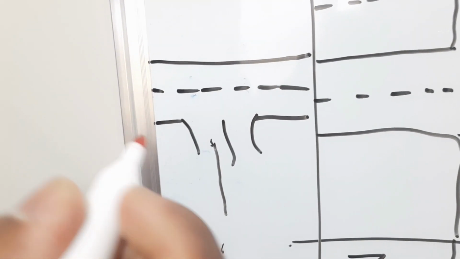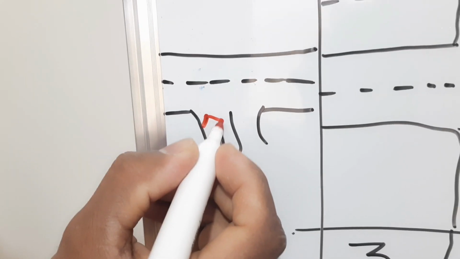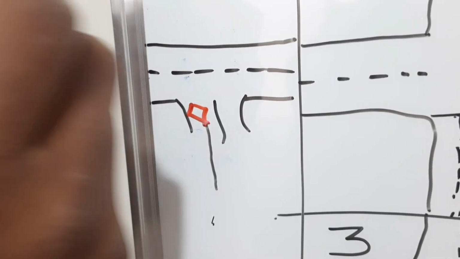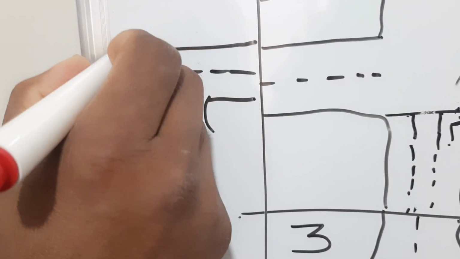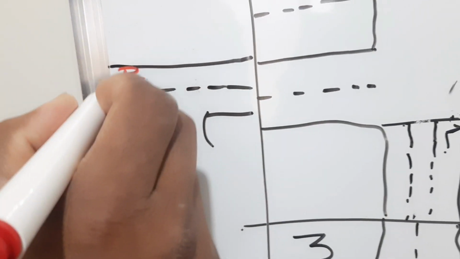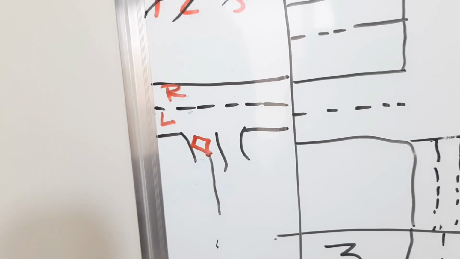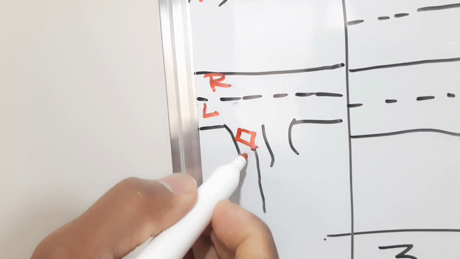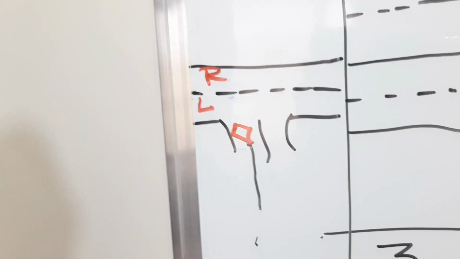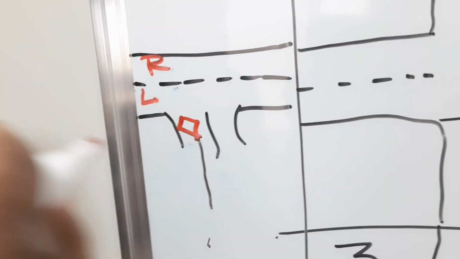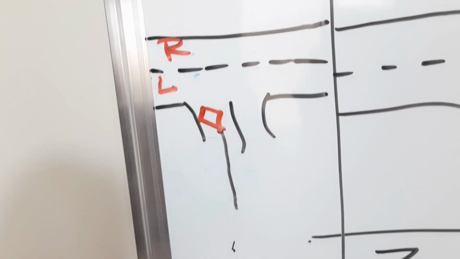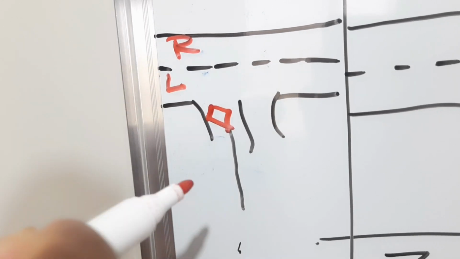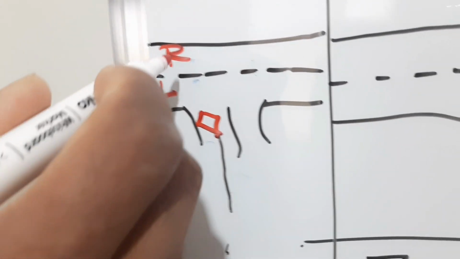Here same, this is your car. Now this one is the right lane, this is the left lane. They will ask you to turn left into the left lane or turn left into the right lane. Most of the time in the driving test, because they need to check your skill on the main road, they will ask you to turn left into the right lane.